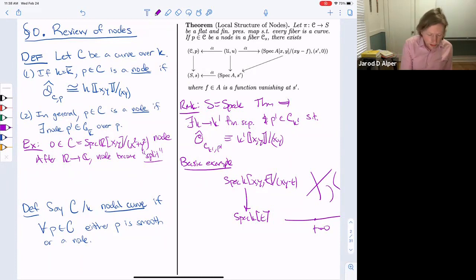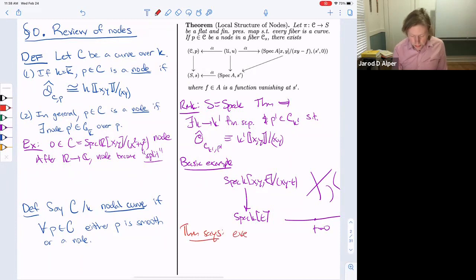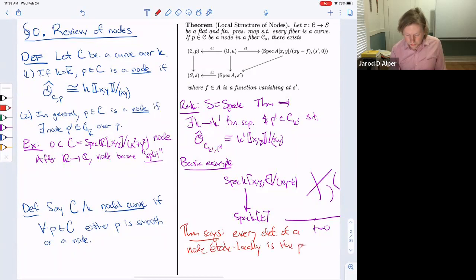And what the theorem says essentially is that every deformation of a node, étale locally looks like this, is the pullback of this example.